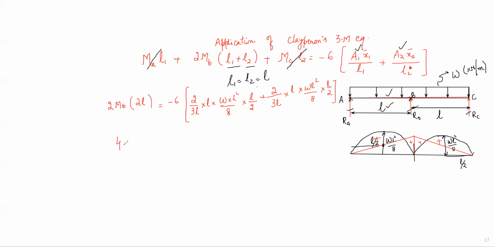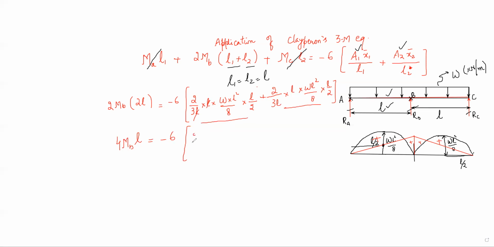That is 4 times MB into L is equal to minus 6 times... That is, L and L will cancel. This is WL cube. So this term and this term are same.